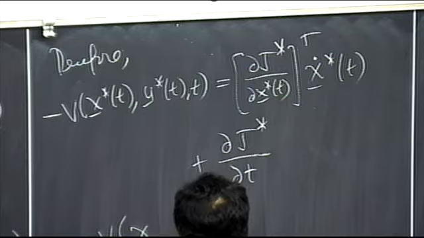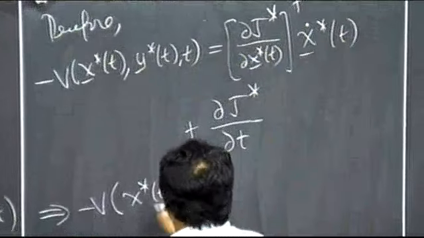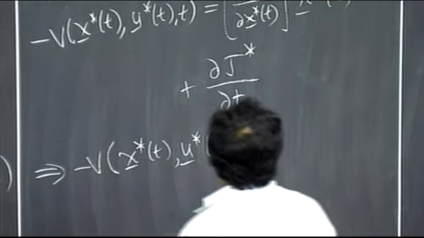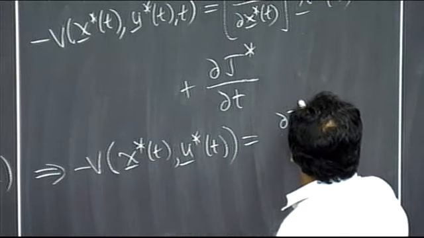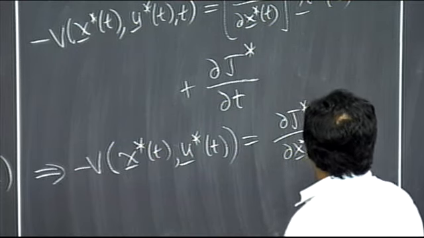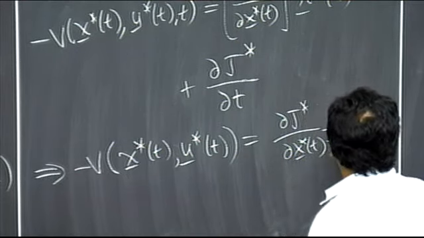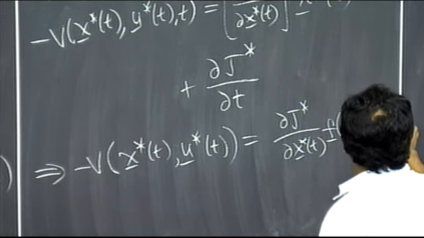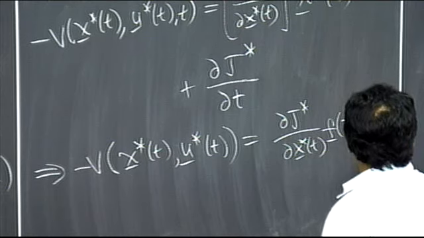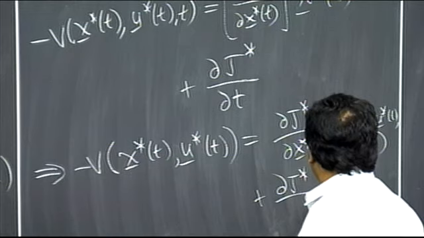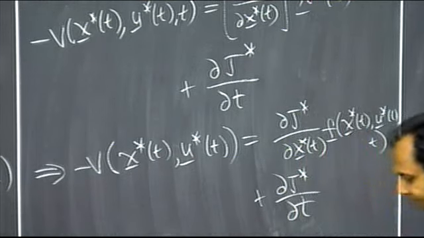So I've got minus V of x star of t, u star of t, and t is equal to the partial of J star with respect to x star of t times f of x star of t, u star of t, and t, plus the partial of J star with respect to t.